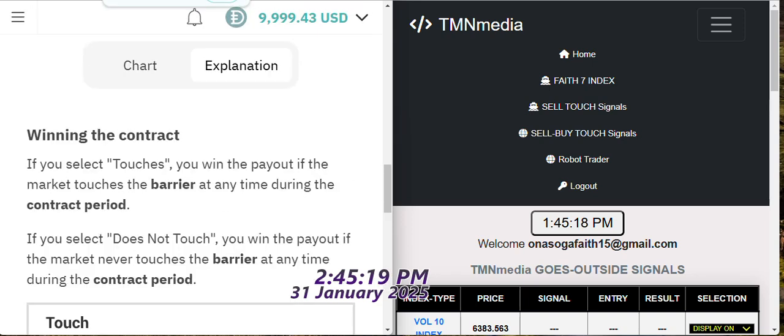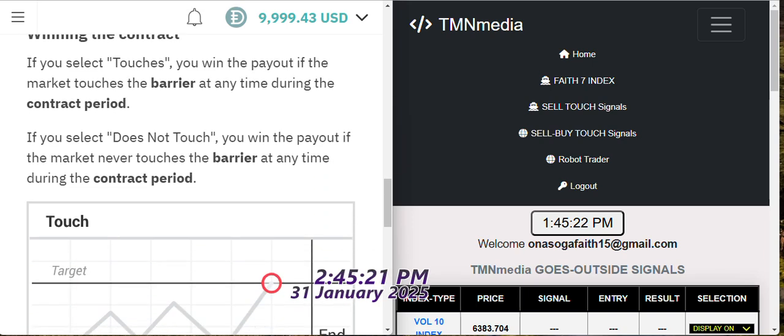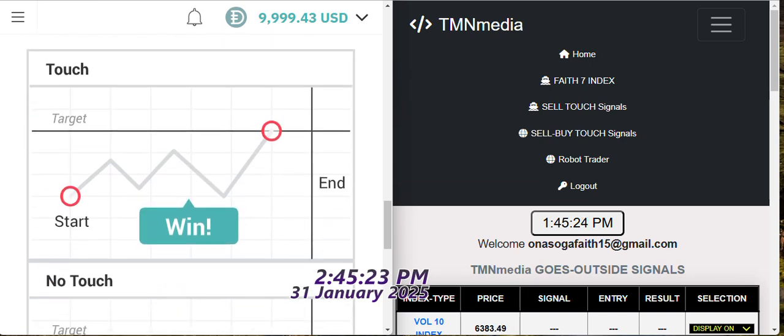Let me make it a little bit bigger. Now, in touch trade, you can see my mouse here. You can see this guy here. That is your barrier offset. In touch trade, you're actually saying the direction should either go down or up. So if you are saying it's going down, your barrier is going to be a minus barrier.